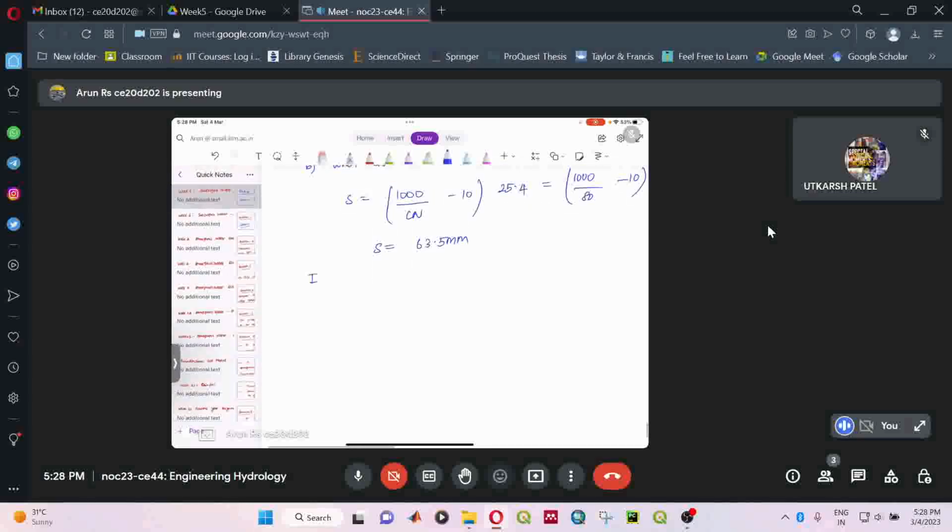And the initial abstraction is 0.2S, which is equal to 63.5 into 0.2, which is equal to 12.7 mm. So now again we can calculate precipitation, runoff.